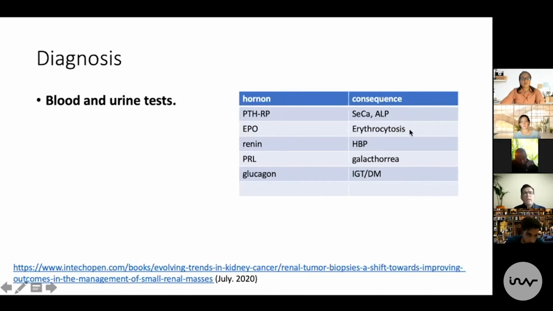Erythropoietin production can lead to erythrocytosis, renin production to high blood pressure, prolactin production to galactorrhea, that is, producing milk from the breast, even in the case of males, and glucagon can be produced, which can lead to impaired glucose tolerance and diabetes.